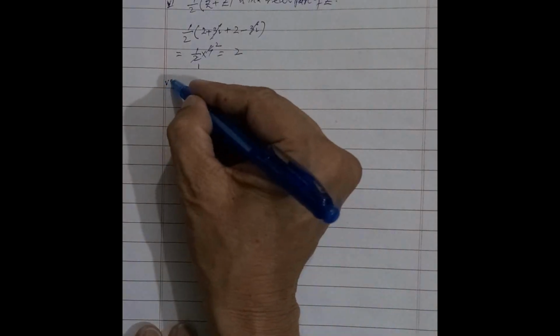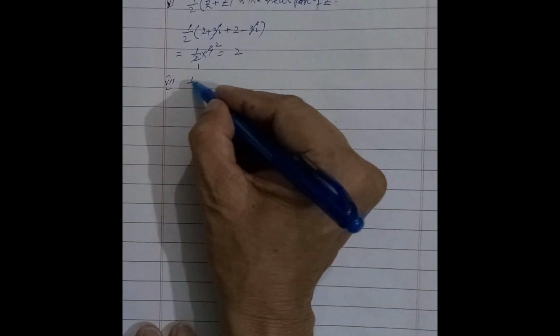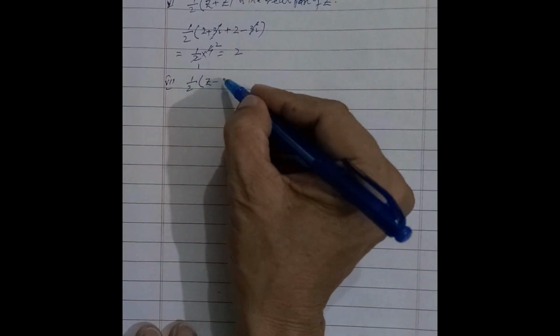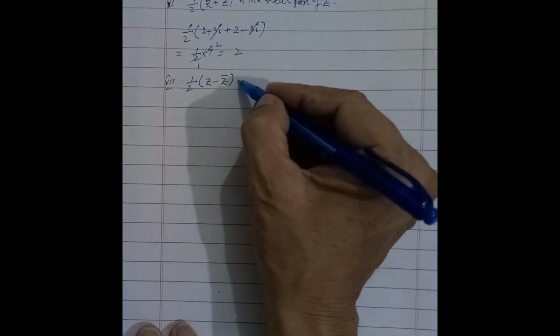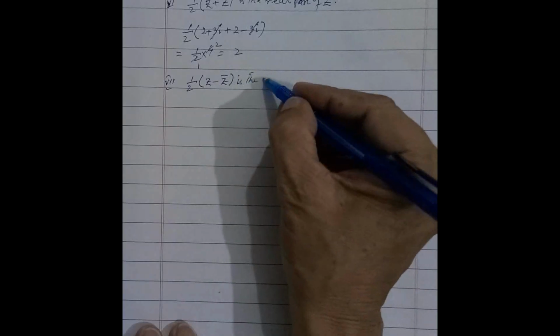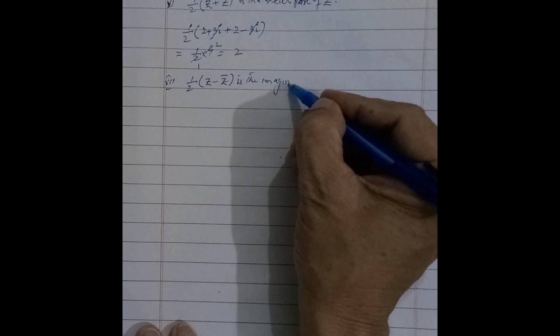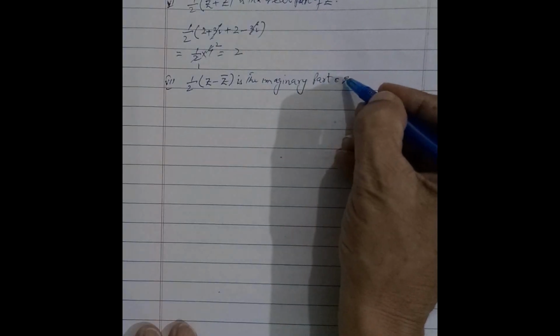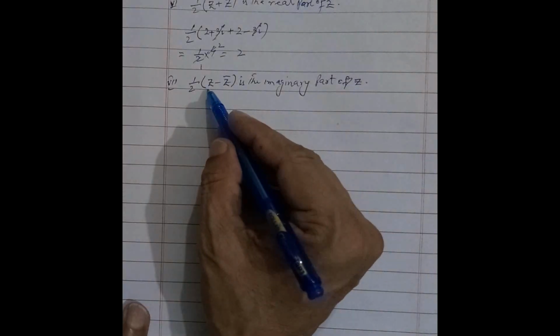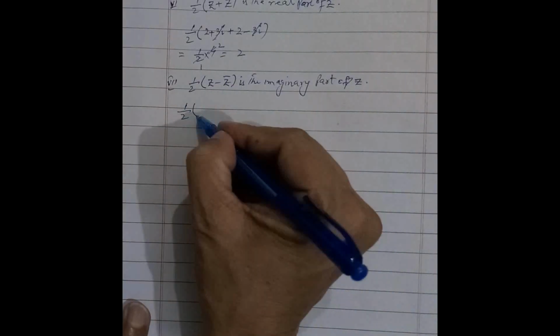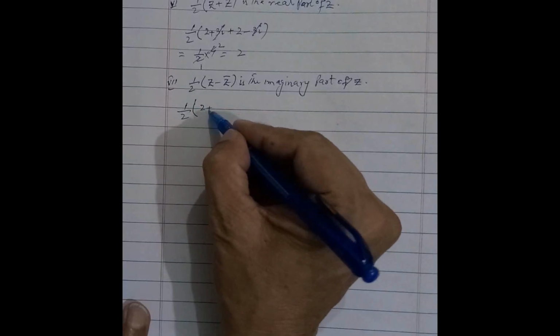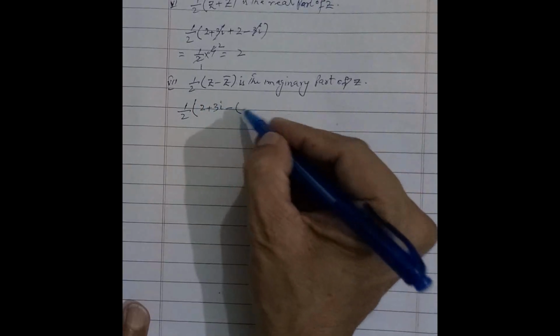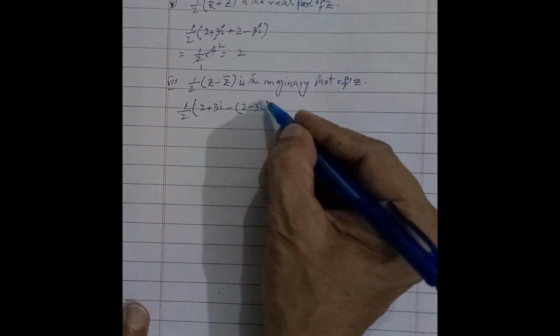And the seventh part, in which 1 over 2 into z minus z bar is the imaginary part of z. The same way we solve it by putting the values of z and z bar. 1 over 2, z is 2 plus 3 iota minus z bar, which is 2 minus 3 iota.